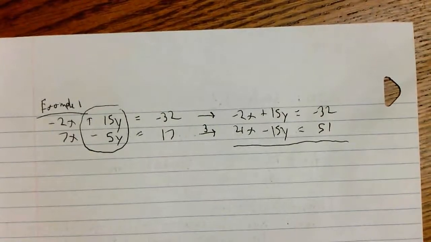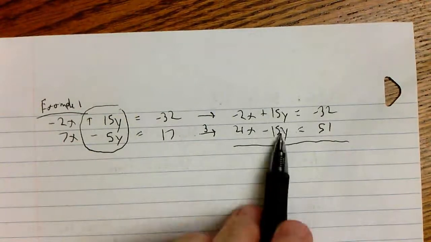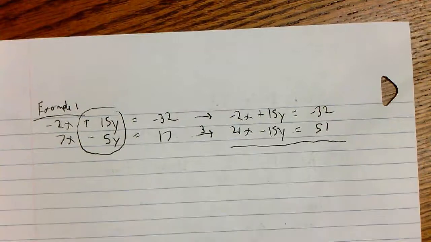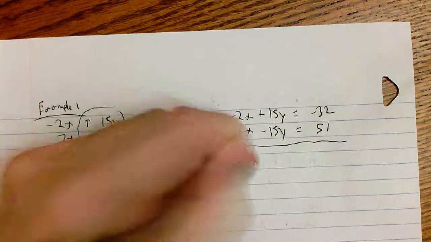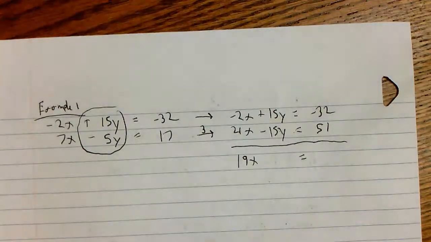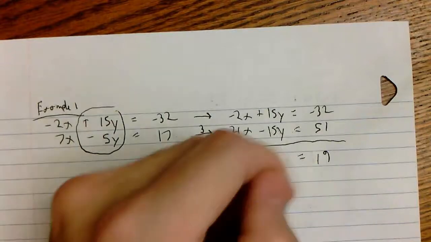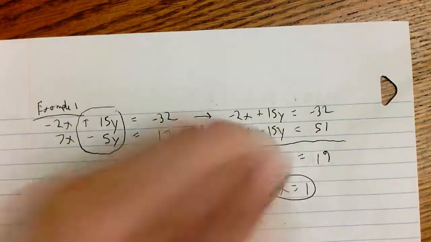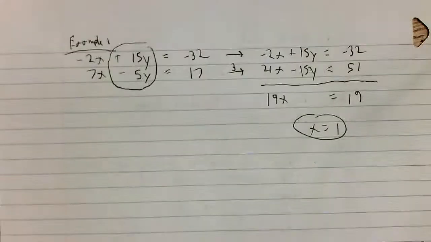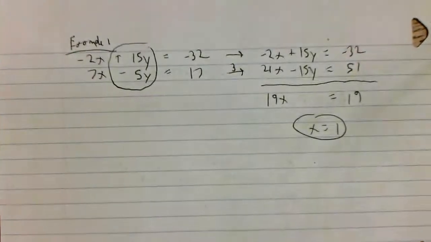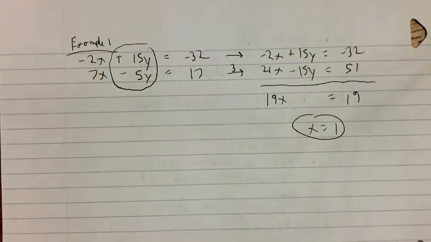This is step 2. Look, I've made my opposites, 15y and negative 15y. So now I can add the x's together and get 19x, and add the numbers together and get 19. Easy to solve, right? Divide both sides by 19, you get x equals 1. Then the last step is to take my answer and put it back into whatever equation looks easiest.